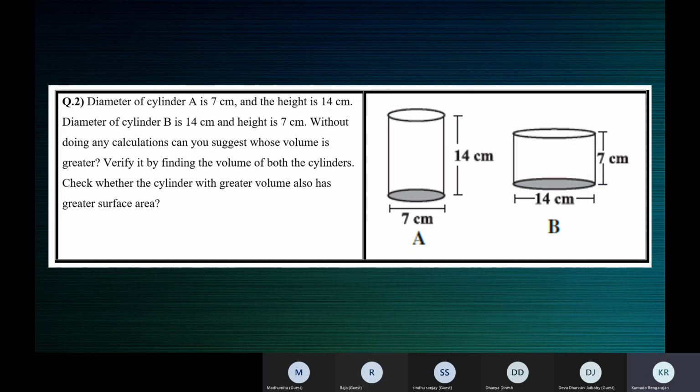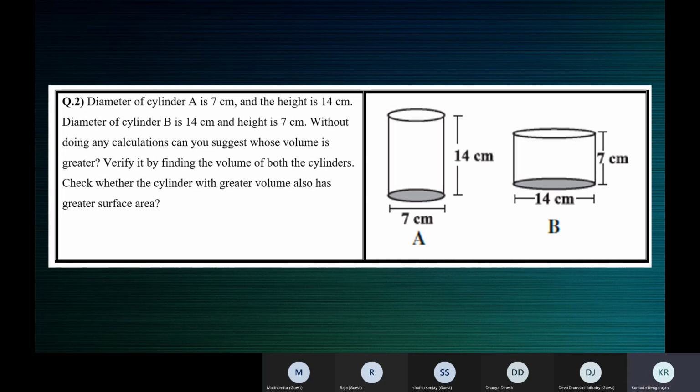So we have to find the volumes and the surface area. Check whether the cylinder with greater volume also has greater surface area. So we have to find the volumes of the two cylinders and also the surface area of the two cylinders. Now see, nothing is mentioned.